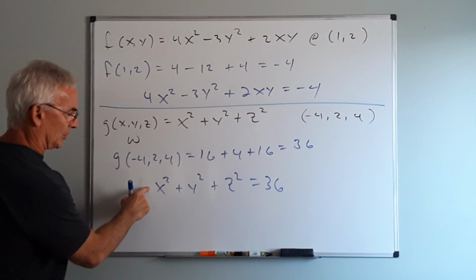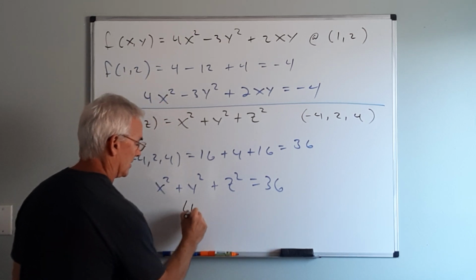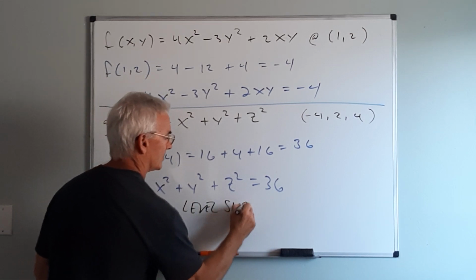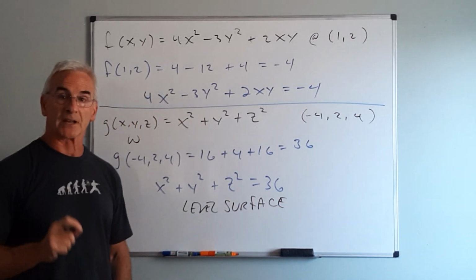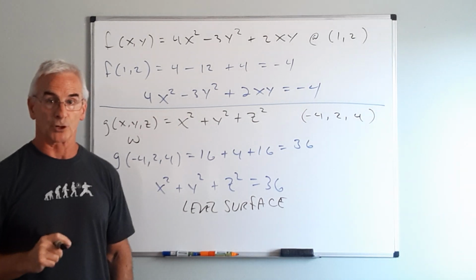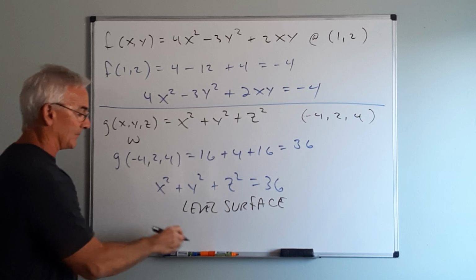But this is not a level curve. This is 3-dimensional. This one is called a level surface. So if I'm in 3 dimensions and I give a specific point, I will create a level curve. If I'm in 4 dimensions and I give you a specific point, I will create a level surface.